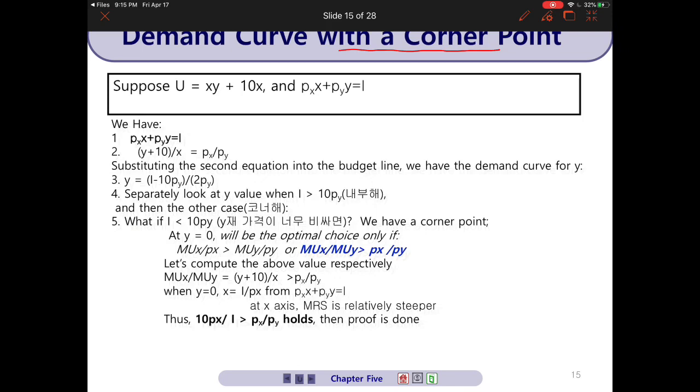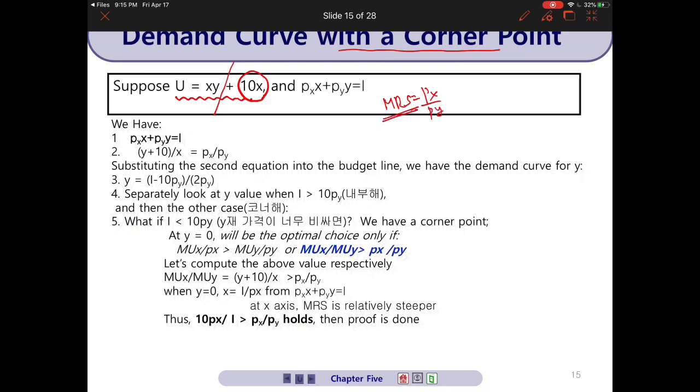Here, our utility function looks pretty weird. Up to here, it's pretty much the same as before, but we have an additional term. It looks weird, but the basic method to derive the optimal basket is the same as before. What is it? MRS equals the price ratio. What is MRS composed of?